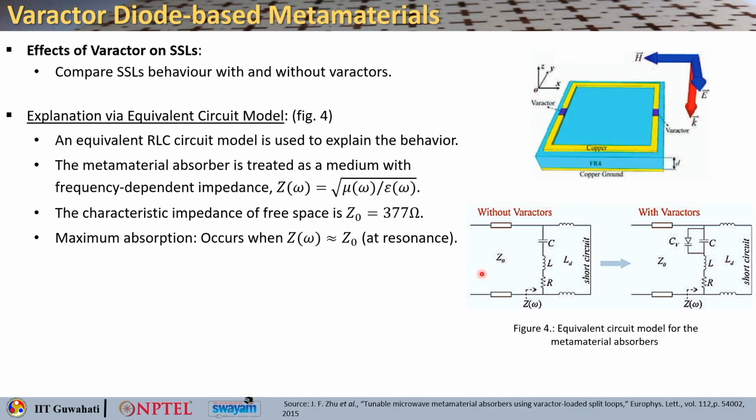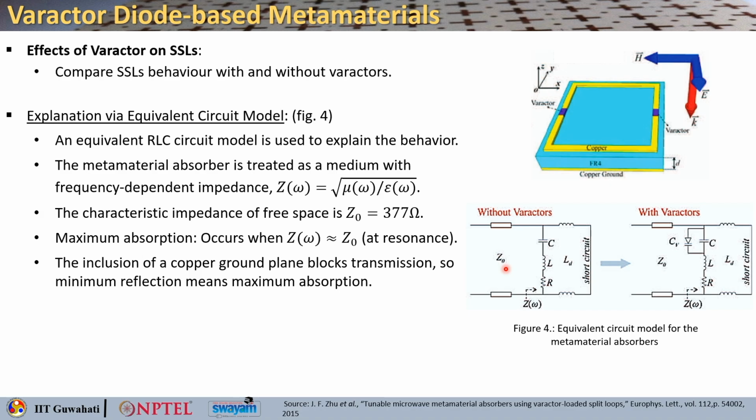Now, because this is an absorber, the maximum absorption can happen when this Z omega is equal to Z naught. That should happen at the resonance. Because you have also incorporated a copper ground plane which blocks transmission, whenever there is impedance matching, maximum absorption will take place, and that will also ensure minimum reflection.